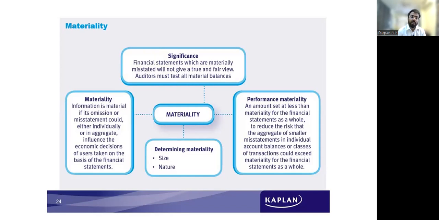Then probably your decision might have been influenced if the information which is being misstated, if that misstatement was not present. Correct? So 10,000 rupees for Reliance Industries is not material, but 10 lakh rupees or 20 lakh rupees is material. So how do you decide what is material and what is not?